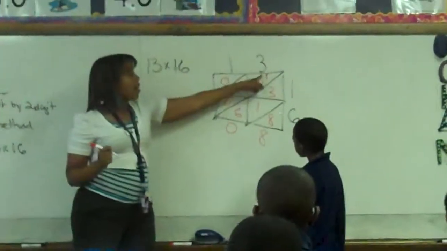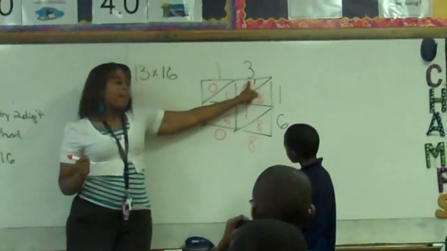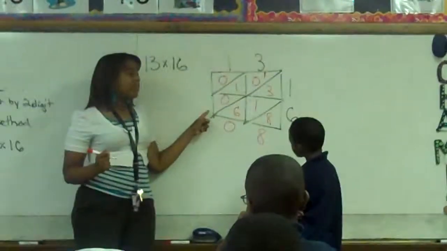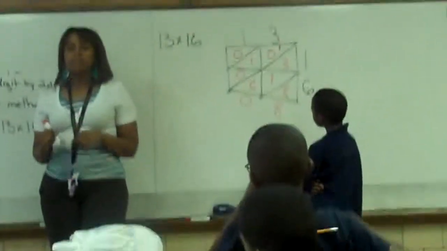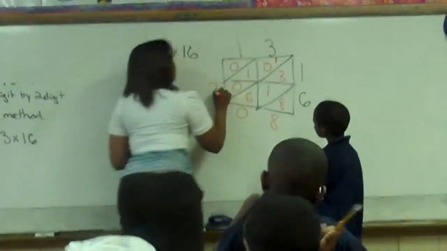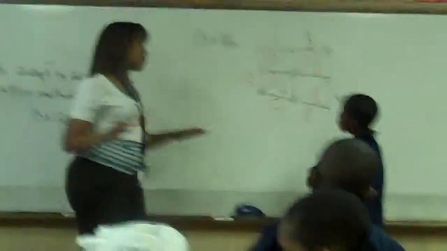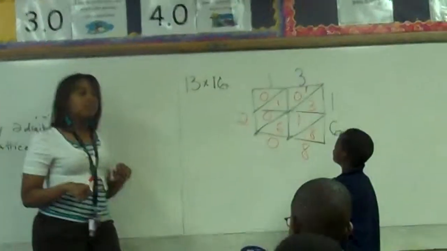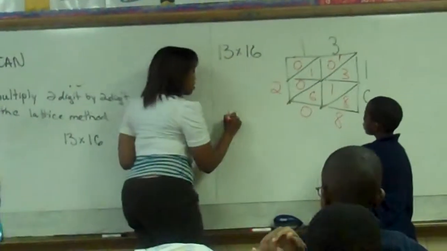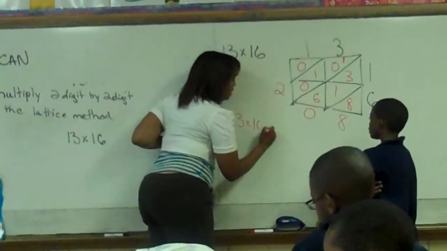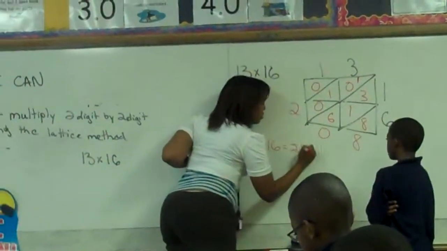So now I have 1 plus 0 plus 1 plus 0, and that's 2. And then right here, I have 0. So right here is my product. So what's my answer? 208. So 13 times 16 is 208.